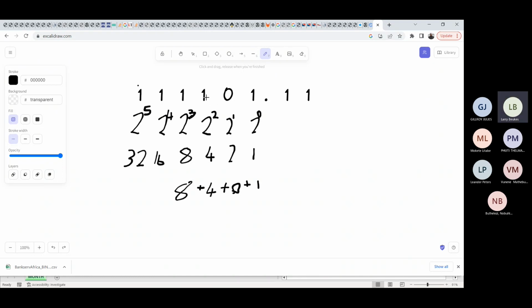Remember the 4, it's 1 multiplied by 4, it's a 4. 1 multiplied by 8, it's an 8. 1 multiplied by 16, it's a 16. 1 multiplied by 32, it's a 32. So this is 16 plus 32.